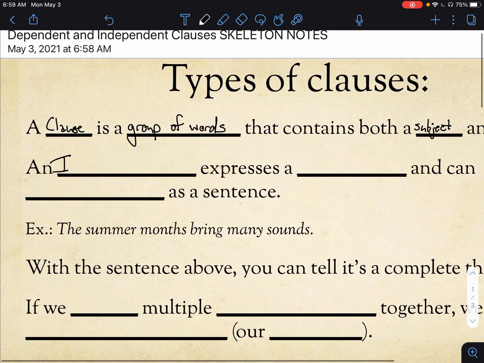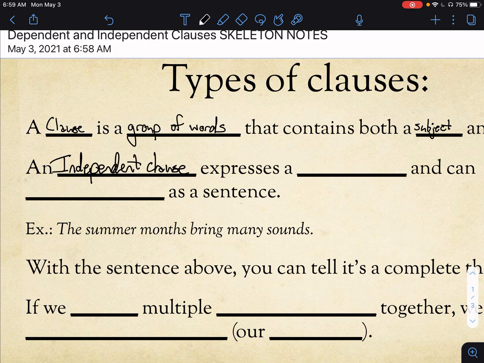An independent clause expresses a complete thought. Okay? So independent clauses can stand alone as a sentence.